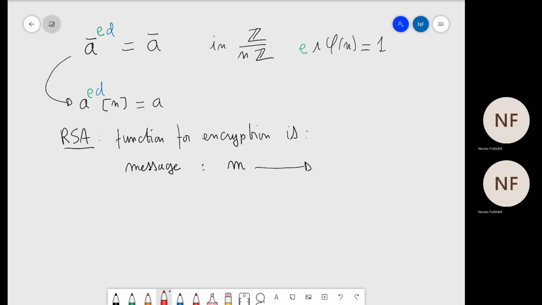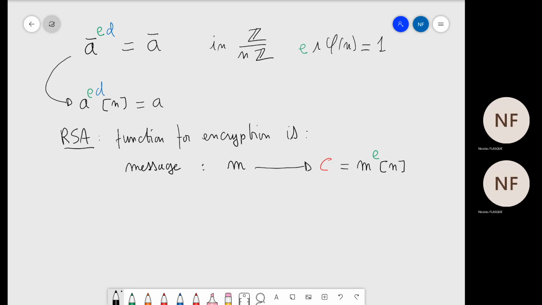Calculate the cipher message C, which is M, your message, to the power of E modulo N. And that's a simple calculation to do to cipher a message using RSA. And fortunately, in chapter 1, we learned how to calculate M to the power of E modulo N, and especially we've seen a very efficient method to do that.